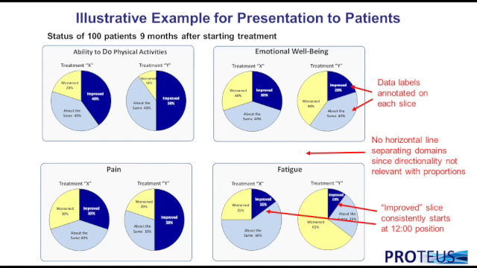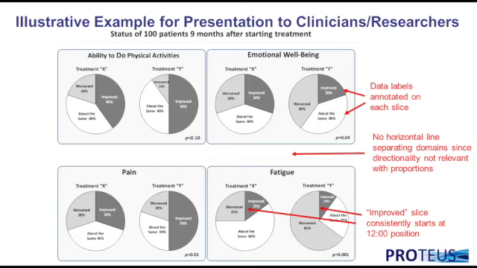Also, the improved pie slice consistently starts at the 12 o'clock position. Recommendations for clinicians parallel those made for patients, with the addition of p-values for statistically significant between-arm differences in proportions and removal of color. Finally, since directionality is not an issue with the pie charts, there is no separation between the function domains and the symptom domains.